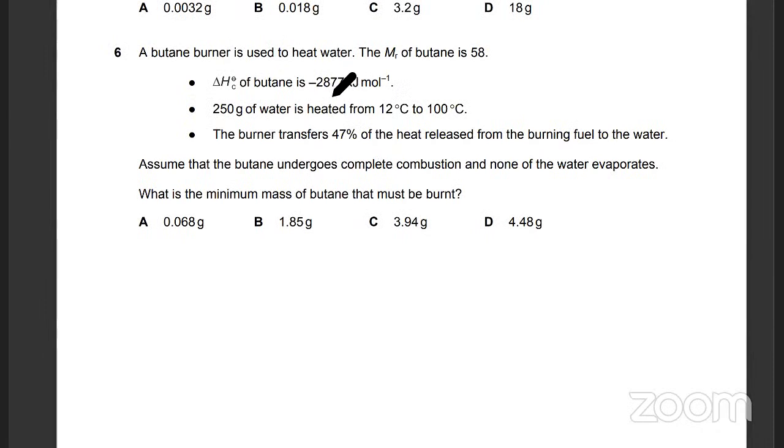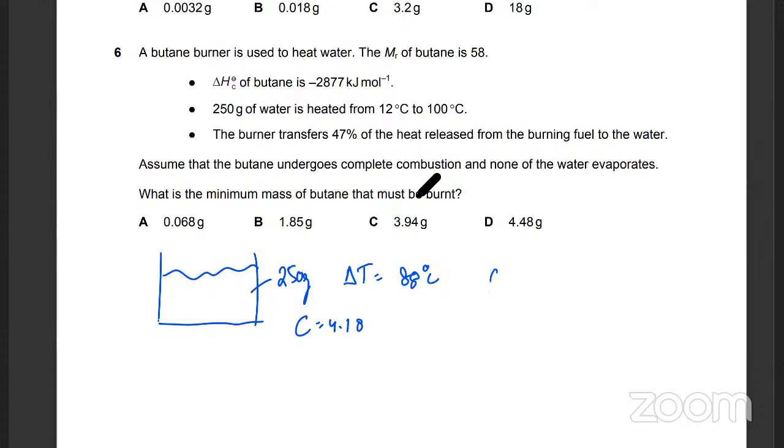As the next one, you got enthalpy of combustion, and he says to try and solve this one and give me the answer. What's the answer to this one? What is the minimum mass of butane? First thing is calculate how much energy goes into the water. C, remember, is 4.18.